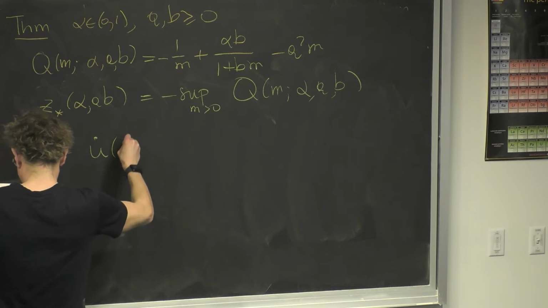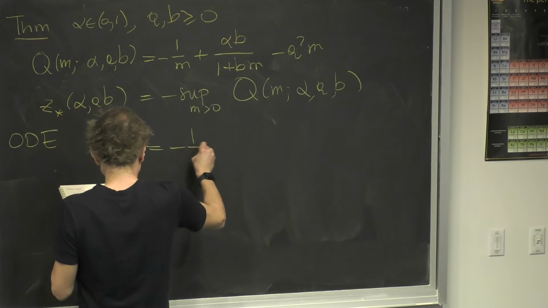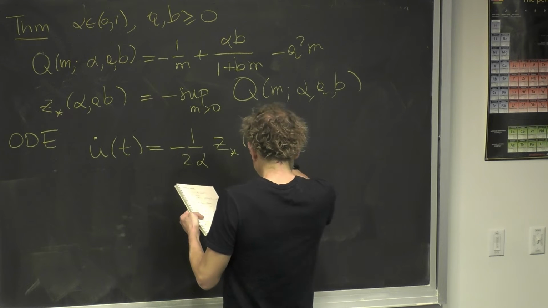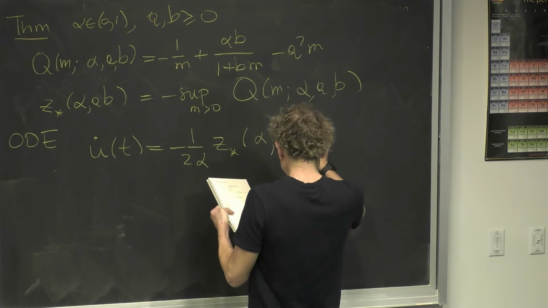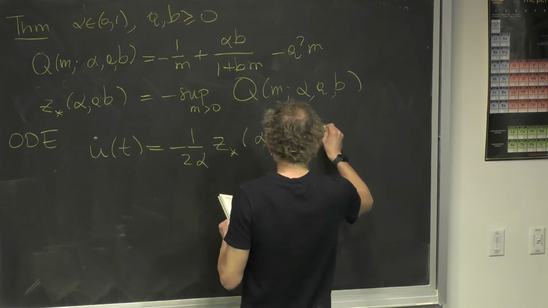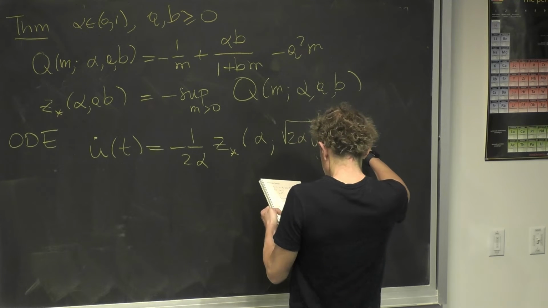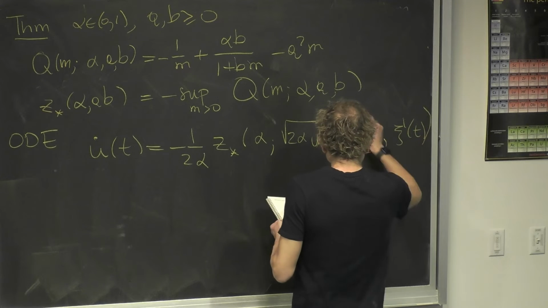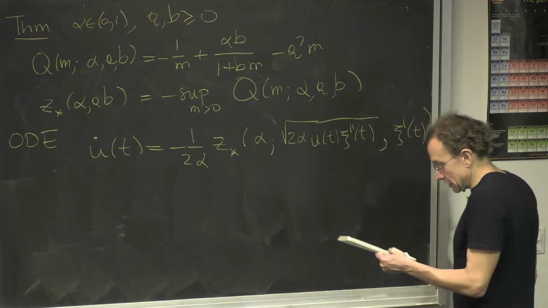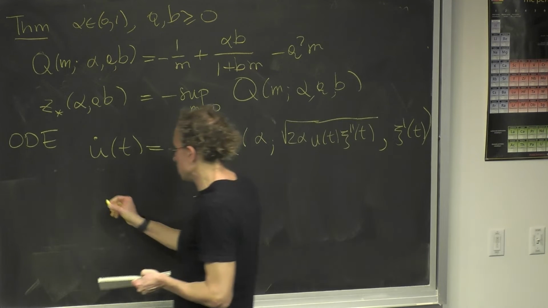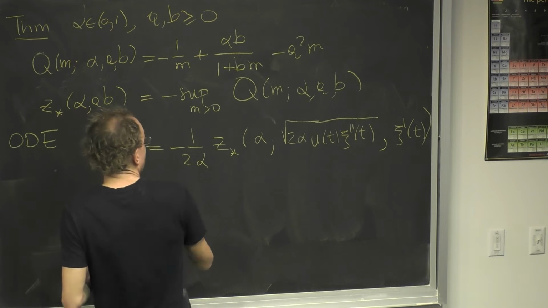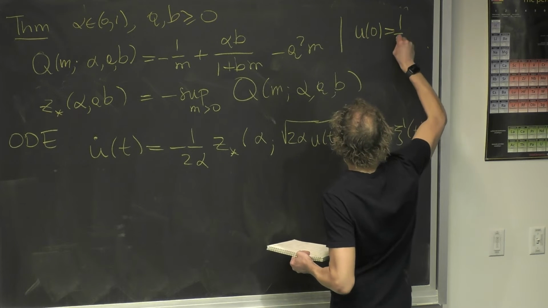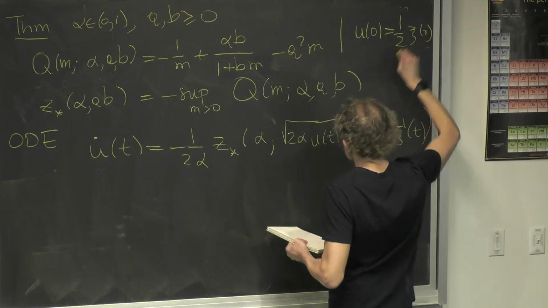u dot of t equals minus 1 over 2 alpha Z star of alpha, square root of 2 alpha u(t) xi second of t, xi prime of t. Okay, this is an ODE in one dimension that you can solve with initial condition, let me write it here because I don't want to use too much space, 1/2 xi of 0.